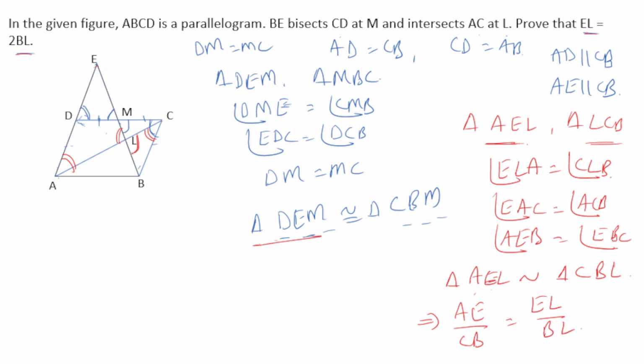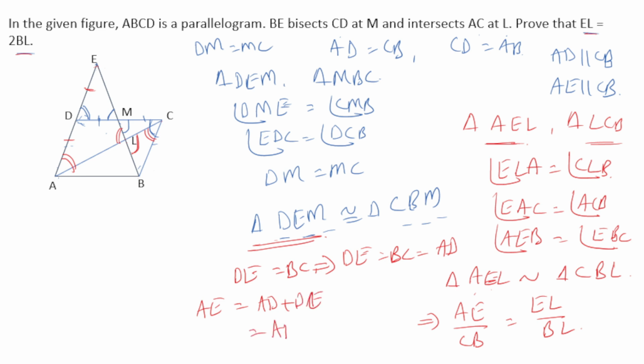And we have proved these two triangles are congruent. So the corresponding sides are equal. So here DE is equal to BC. So DE is equal to BC is equal to AD. See here DE is equal to AD. Okay. So what is AE here? AE is equal to AD plus DE, which is 2AD.